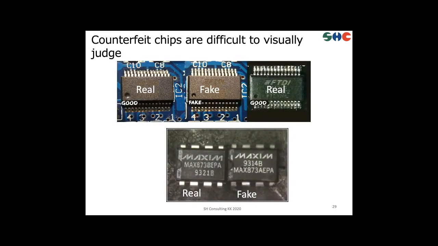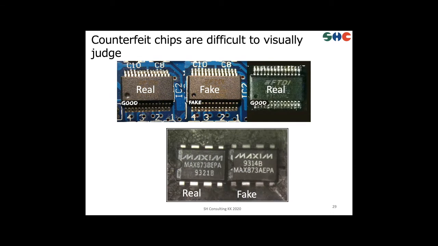There are a lot of counterfeit chips present. The one on the top is the famous FTDI USB serial chip. The real chip and the fake are very difficult to tell apart, but they have the same function and work mostly the same.